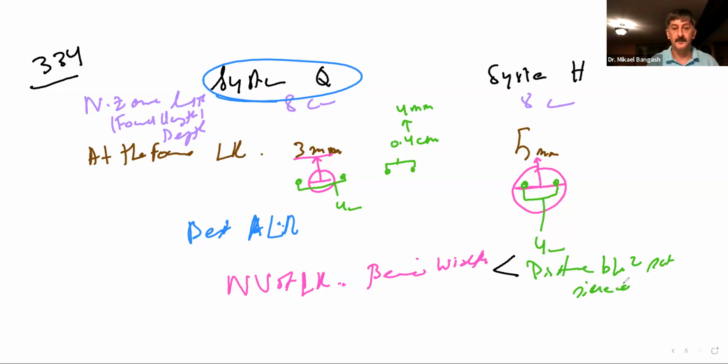So that gives us good lateral resolution, the best lateral resolution of the two systems. Did that make sense?